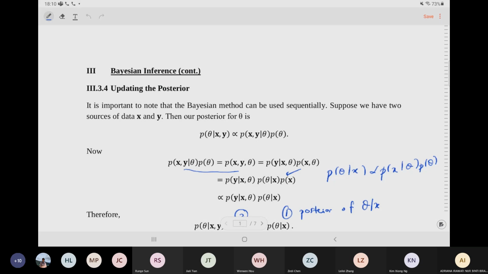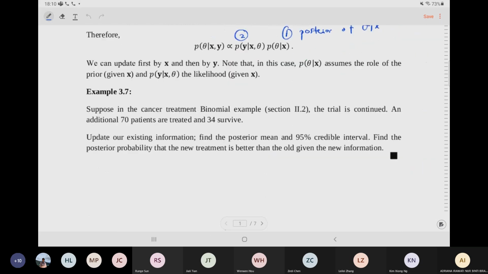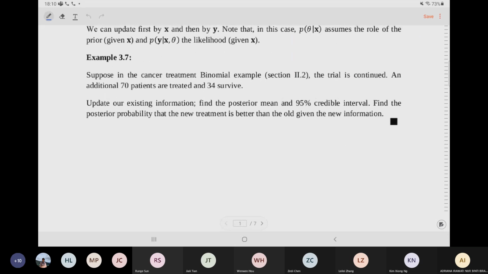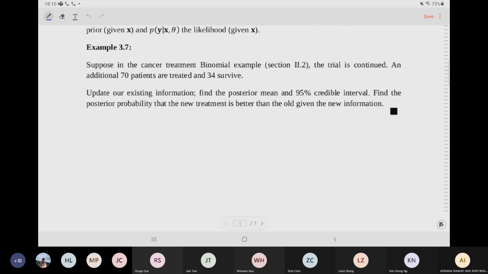Okay. So anyway, if you look back at the example from week 1, it's in chapter 2. At the end we have our posterior, right?